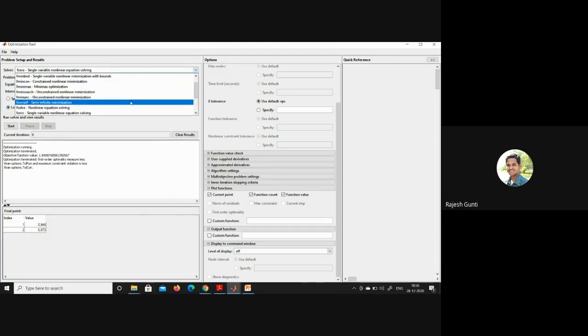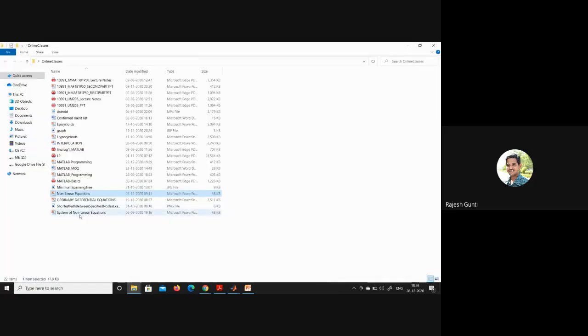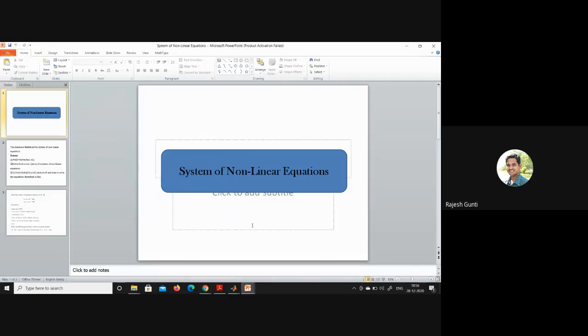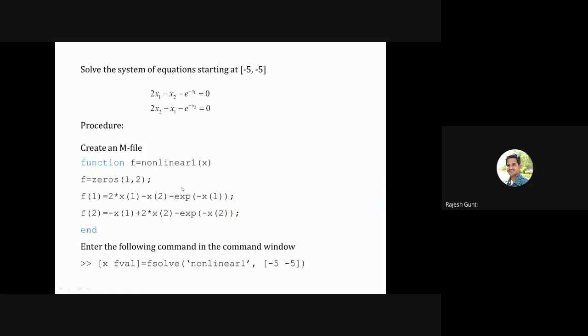Similarly, fsolve also solves non-linear equations. There we will give the point only, the initial first value and second value. Suppose we take next a system of non-linear equations. First, we create an M file and we give the starting point.